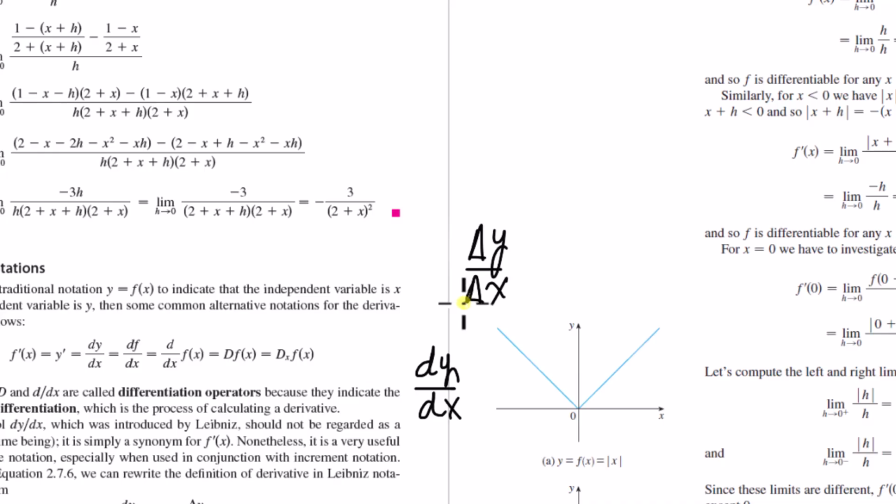Change in y over change in x. Well, the d notation is used to indicate that this isn't just any typical change in y or typical change in x. This is a special case of an infinitesimally small change in y and an infinitesimally small change in x. These are called infinitesimals. So when you see a delta like this, it's referring to a finite change in y, a finite change in x.